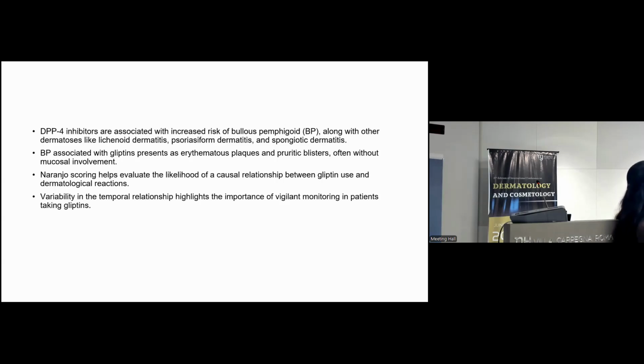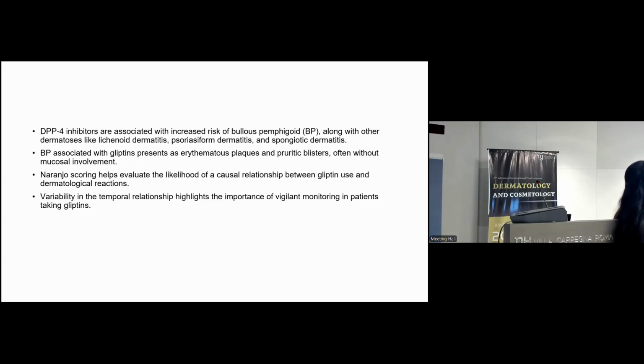It is associated with increased risk of bullous pemphigoid along with other dermatoses like lichenoid dermatosis, psoriasiform dermatosis, and spongiotic dermatitis. BP associated with gliptins presents as erythematous plaques and pruritic blisters, often without mucosal involvement.